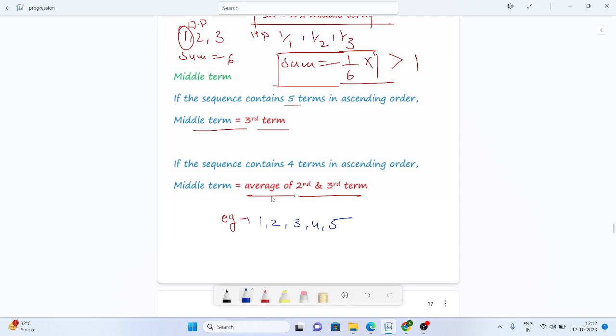There are 5 terms, so the middle term is the third term. If I take the example 1, 2, 3, 4, here the middle term is the average of the second and third term, so 2 plus 3 by 2, which is nothing but 5 by 2. Got this? Okay.